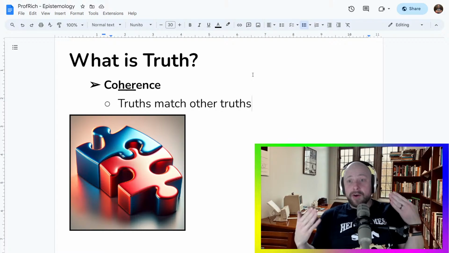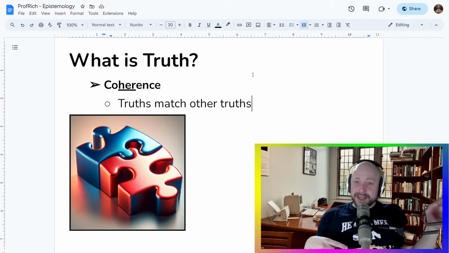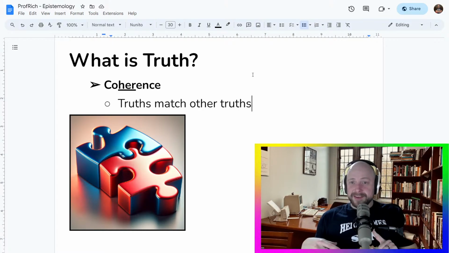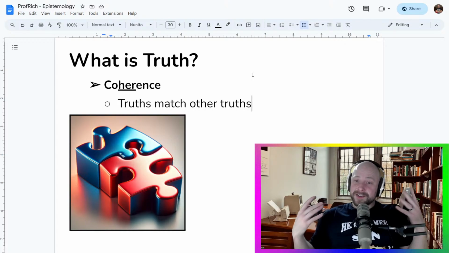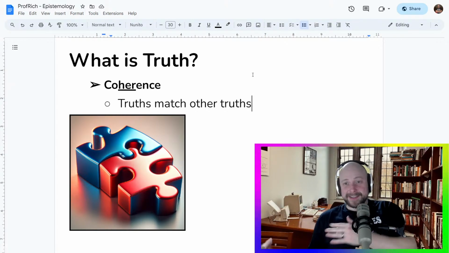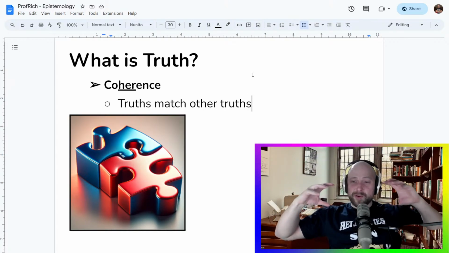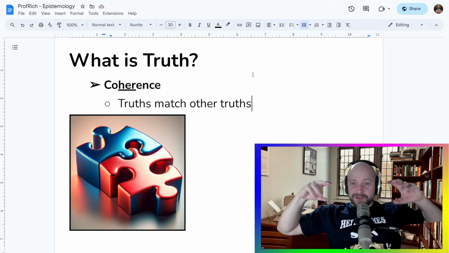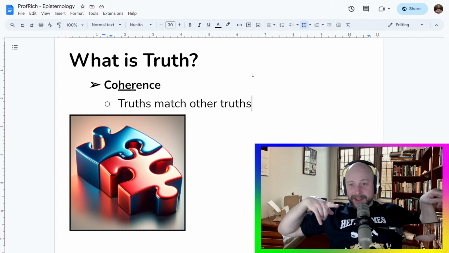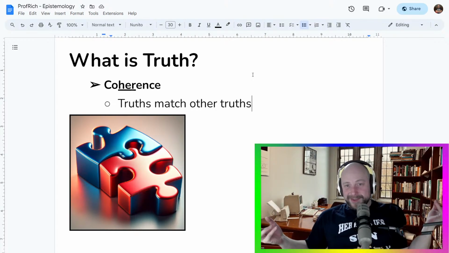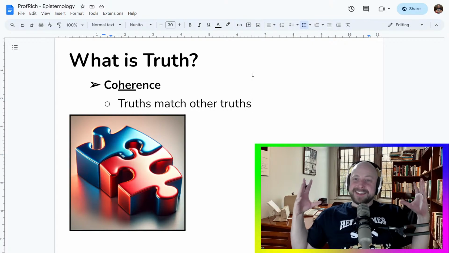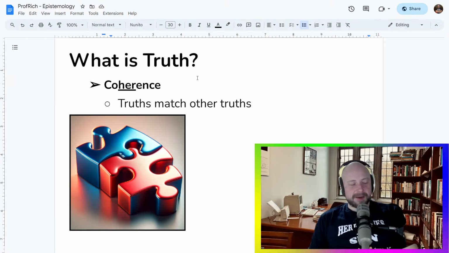Well, what I know is this thing with 5 sides is not a triangle. And I know that because triangles have 3 sides. So now I have another truth about the world. I have a truth that this 5-sided thing is not a triangle. And that fits with my other truths about the world.